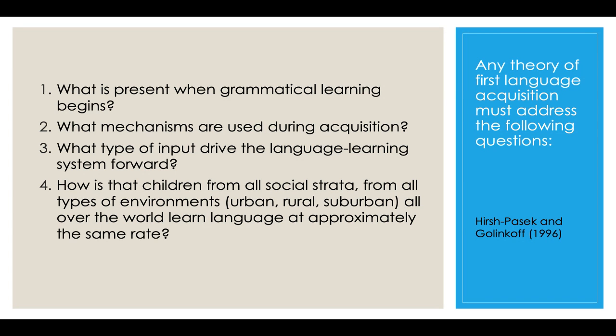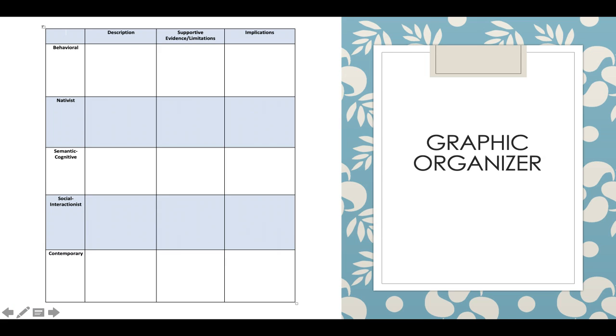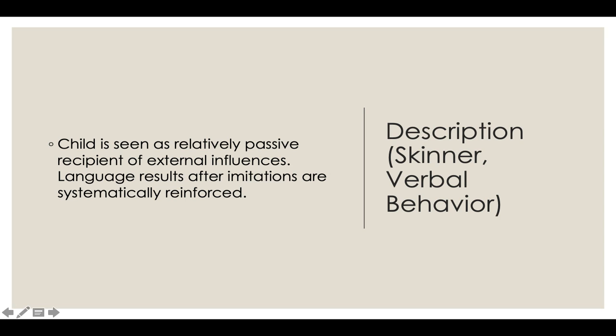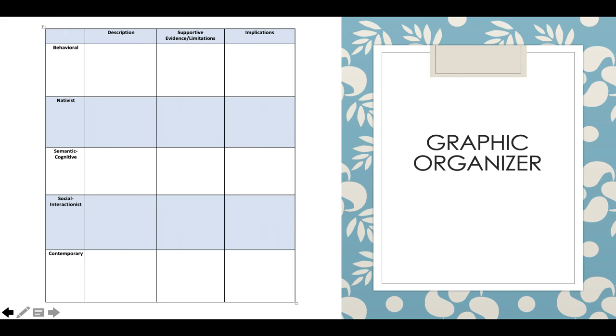So when you're looking at a model of language and you already know what's true, you have to compare that theory against some other things that we know to be true. Because as we start looking at these, and here's that graphic organizer I mentioned, there really are descriptions and then possible limitations and implications, meaning what should we do with it.